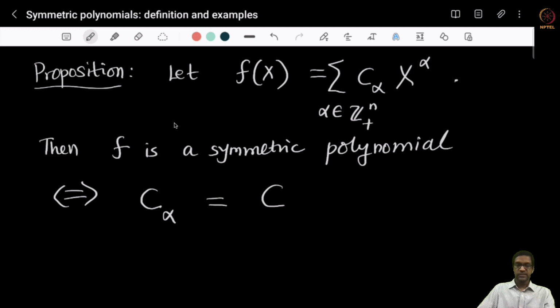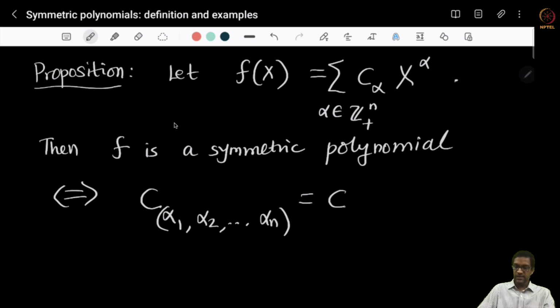That's exactly what we observed when we constructed these. So let me write alpha out in full. I'll call this c of the multi-index alpha 1, alpha 2, up to alpha n. That's the coefficient of the monomial x1 power alpha 1, x2 power alpha 2, and so on till xn power alpha n.